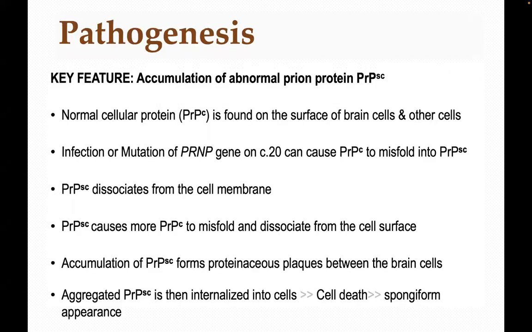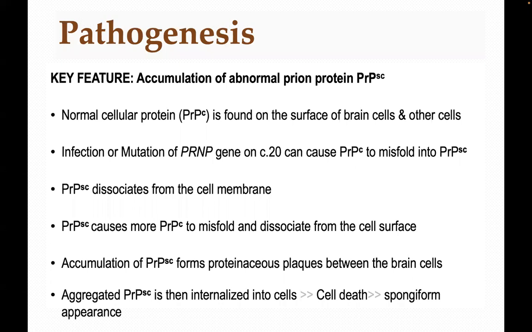So this gives an outline of the pathogenesis with prions. And the key feature is the accumulation of the abnormal prion protein. As I said before, the prions, the scrapie, the PrPSc, are infectious, and they have the tendency of recruiting other normal prion proteins to become abnormal.